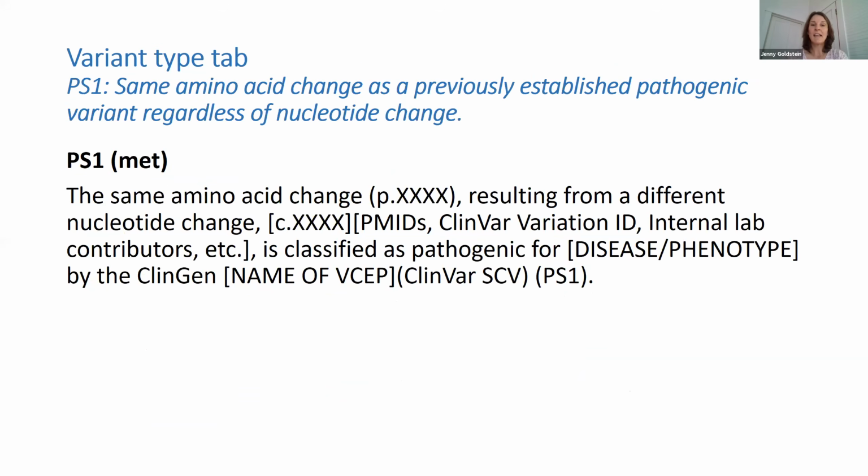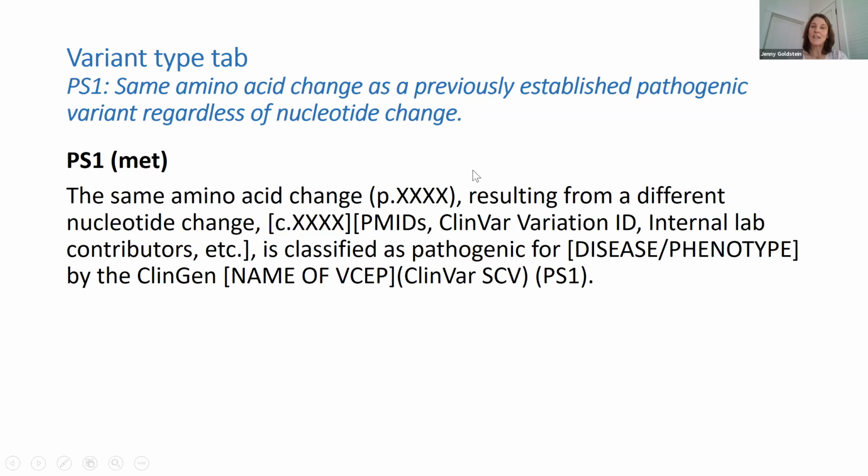Also, just to illustrate that for some variant classifications, you may be using classifications from other variants. Examples would be PS1, also PM5 and PM3, which is the in-trans code for recessive disorders. Typically, in those situations, you would want your expert panel to have already classified the other variant. As an example here, for PS1, the same amino acid change as previously established as pathogenic is happening regardless of nucleotide change.